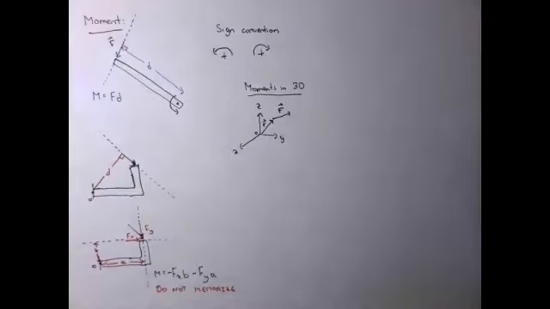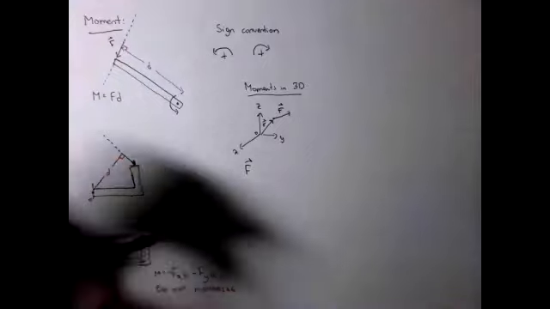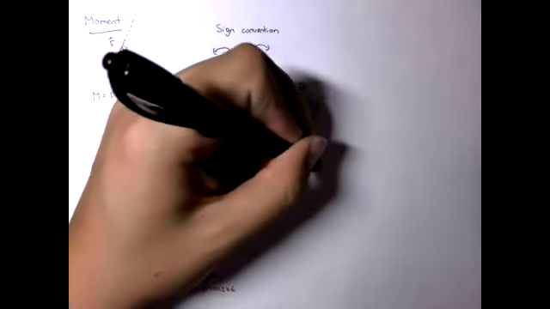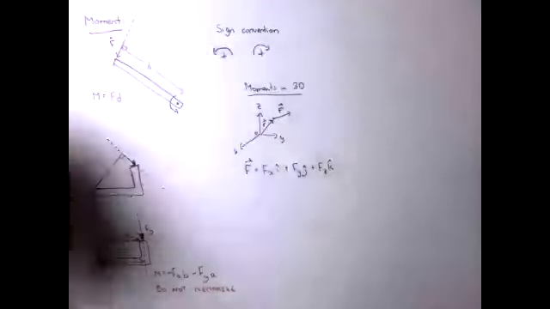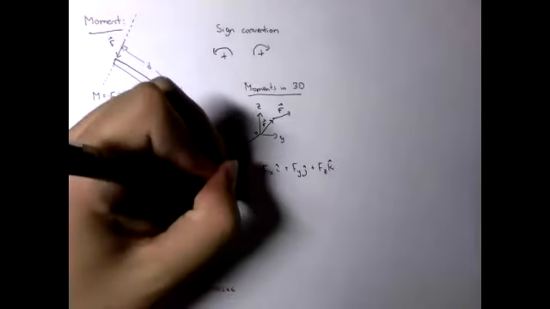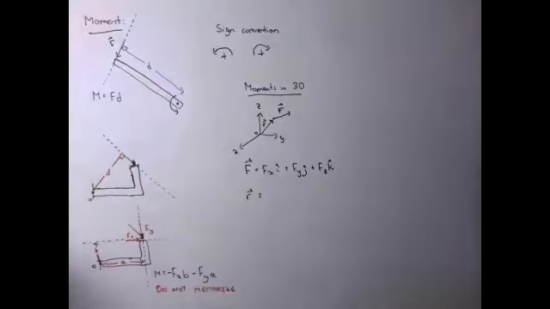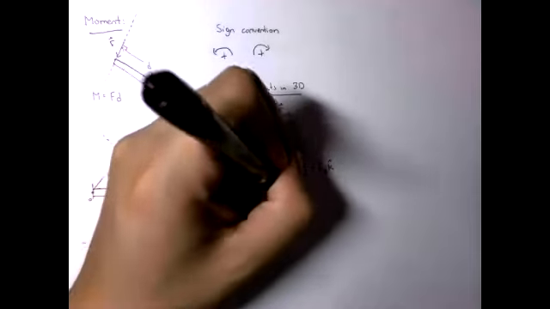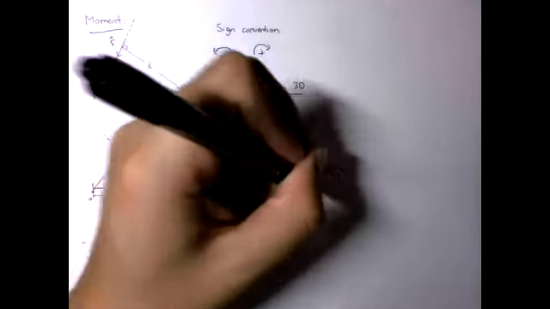So again, in the case of 3-dimensional moments, my forces are vectors, and because they are vectors, they will have 3 components in the x, y, and z directions. And likewise, my position vector is, well, a vector, just like the word says, and will have 3 components as well.